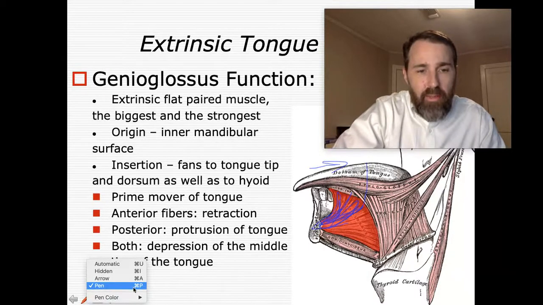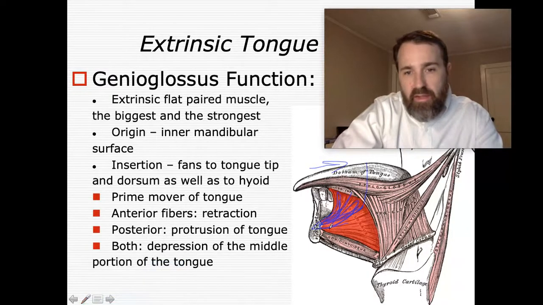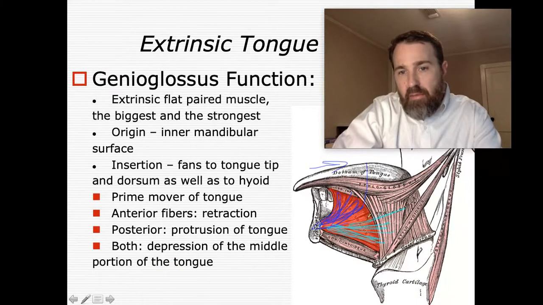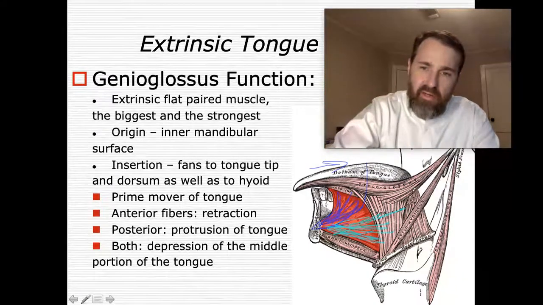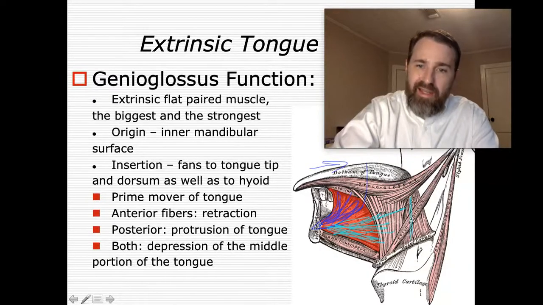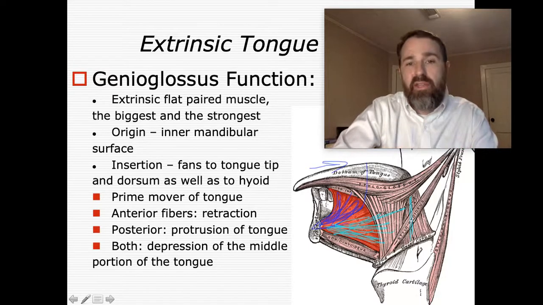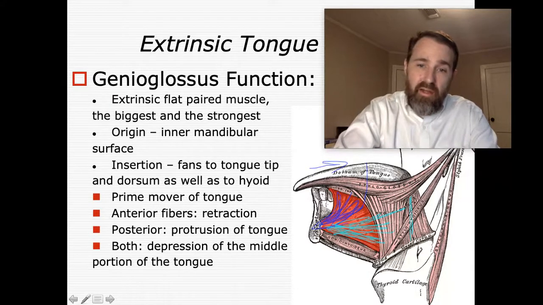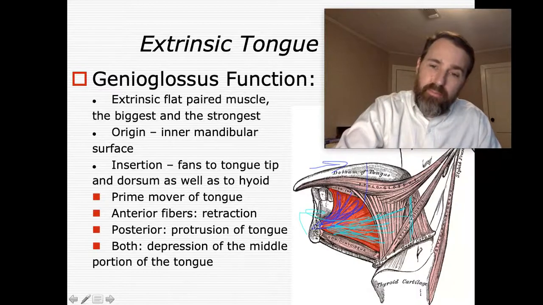Now, if we look at the posterior fibers, so these fibers down here, they fan out like this and insert into more of the root of the tongue. So if you take the root or the base of the tongue, and the posterior fibers of the genioglossus contract, then you're going to pull the root or the base of the tongue towards the back of the mandible.